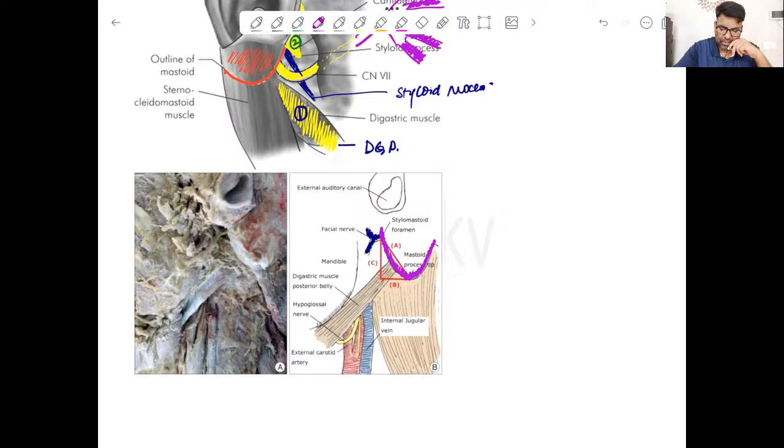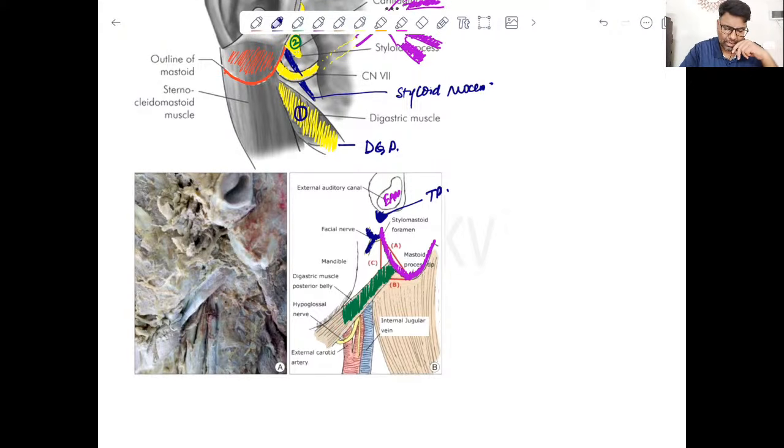Lower down you can see the posterior belly of digastric muscle, right? And then on the upper side you can see this is all external acoustic meatus, and there may be a cartilaginous extension which is known as the tragal pointer. So this is the tragal pointer, right?